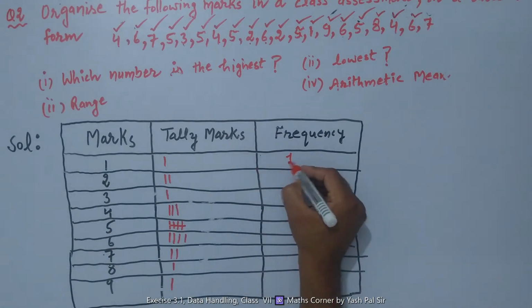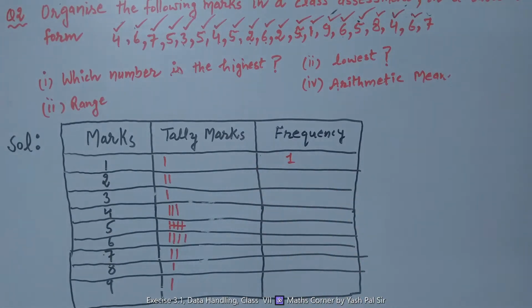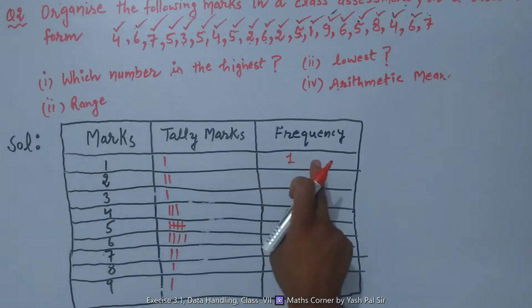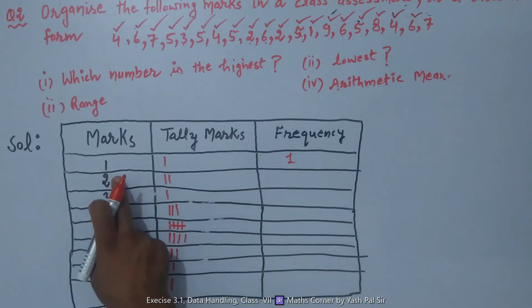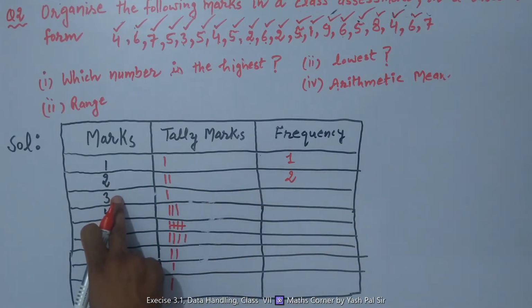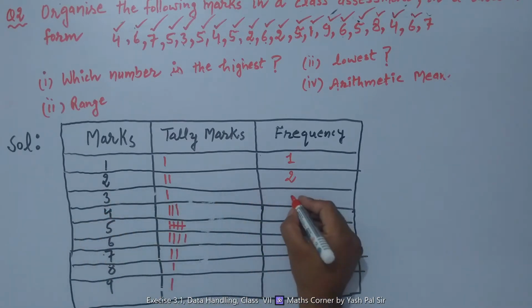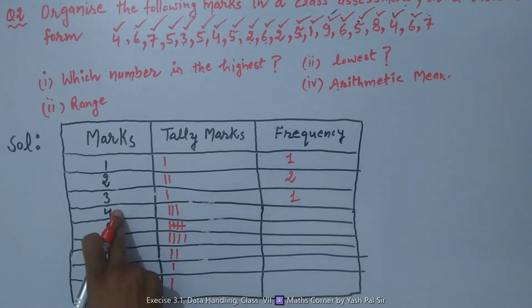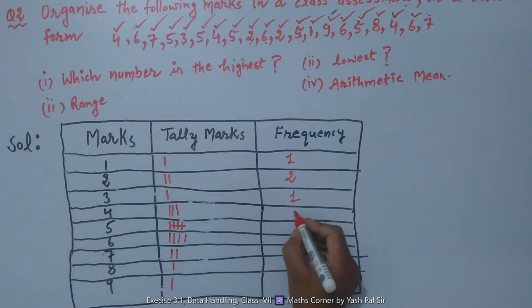This is 1 student. Frequency means how many students obtained 1 mark. How many students got 2 marks? 2 students are there. How many students got 3 marks? 1 student. How many students got 4 marks? 3 students.